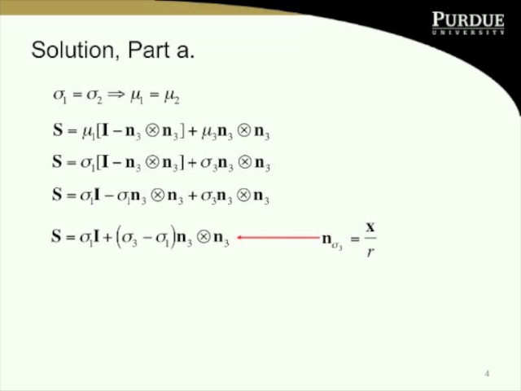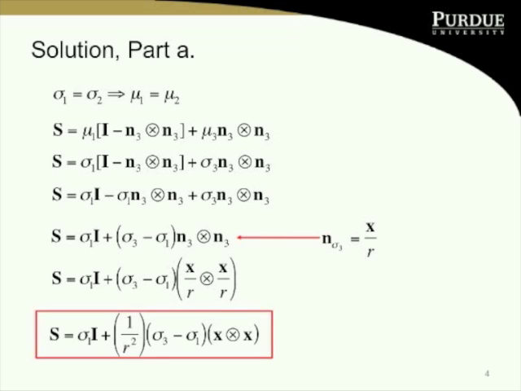So that basically is saying that n3 is the position vector with respect to the radial distance to find the position of wherever we're talking about in the sphere, which is going to become important in the second part when we're asked to show that there's zero traction on the outside surface. So anyway, we substitute that vector x over the radial distance into our equation.